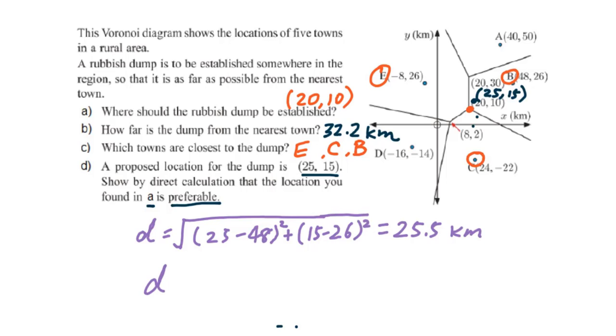This distance is less than 32.2. So A is preferable.